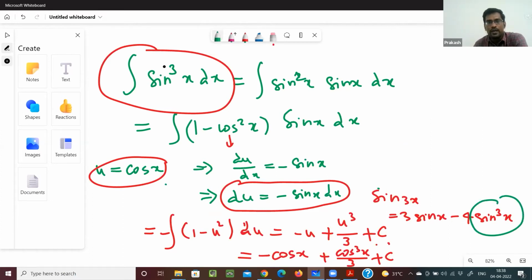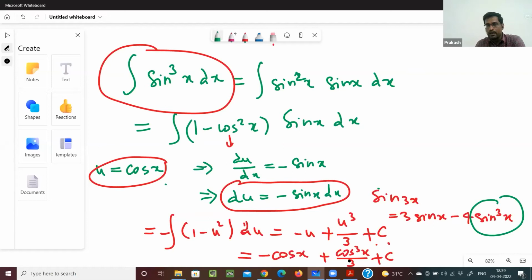If you substitute here, we can evaluate this integral value without any substitution. So we have many ways, but we need to know the shortest one, because in the examination, time management is very important. Which identity we need to use to evaluate this integral is very important. We have many ways, but if you know the identity, we can compute this sine cube directly from the sine 3x identity.